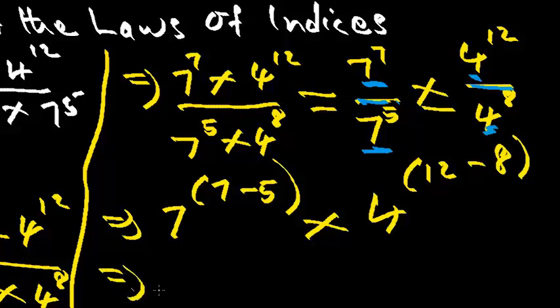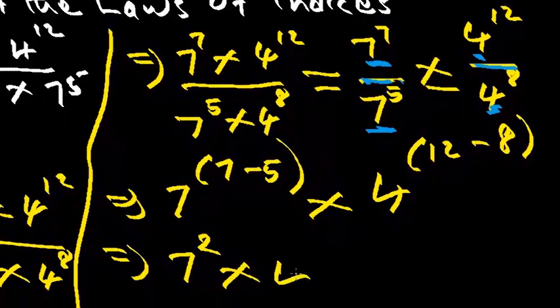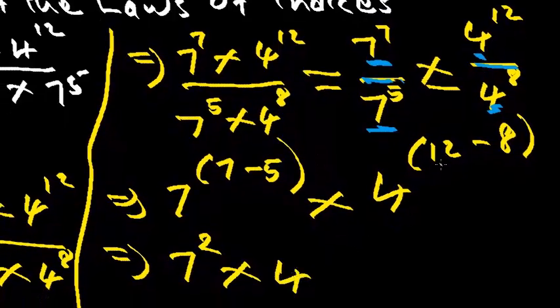Now we can proceed from here. 7 minus 5 is 2, so we have 7 exponent 2, then times 4, then 12 minus 8 is 4, so we have 4 exponent 4.